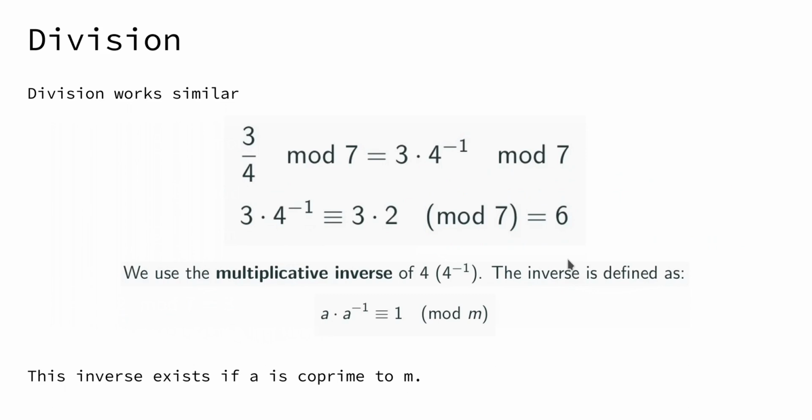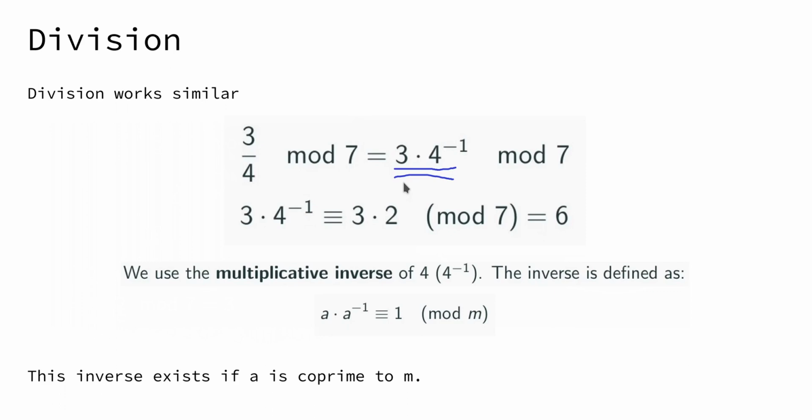Okay, now division works quite similar but a little bit different than what you've learned in elementary school. So here we want to divide 3 by 4 mod 7. I'll rewrite that in this notation that you probably know: 3 times 4 to the power of minus 1.